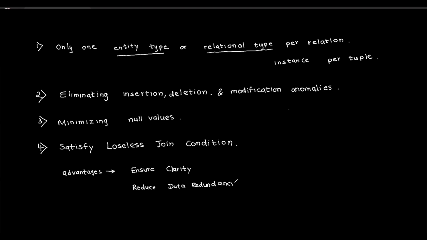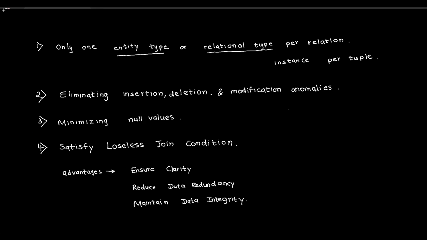It also helps us maintain data integrity, which means there is no unoriginal data in the relations that we break into. These are the three main advantages we obtain by following these guidelines.